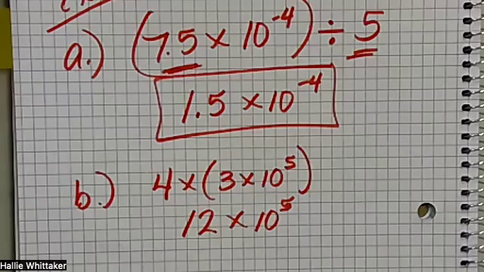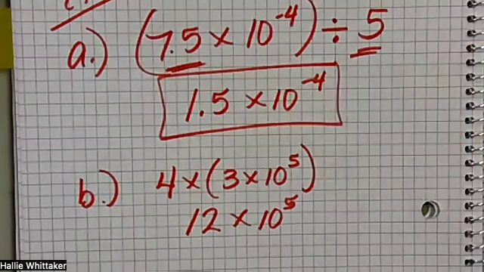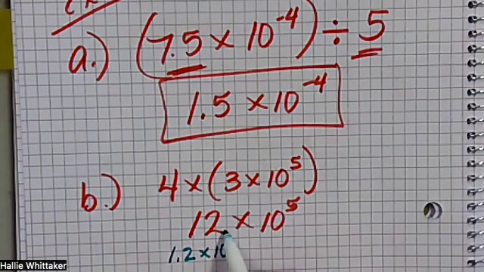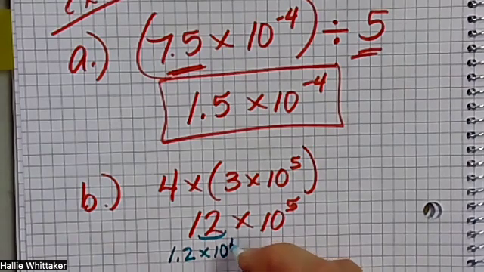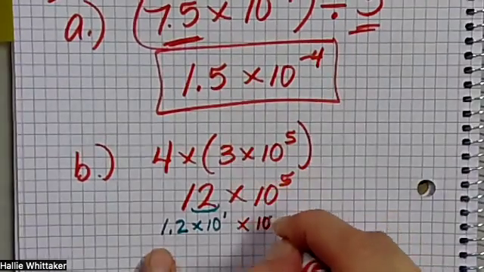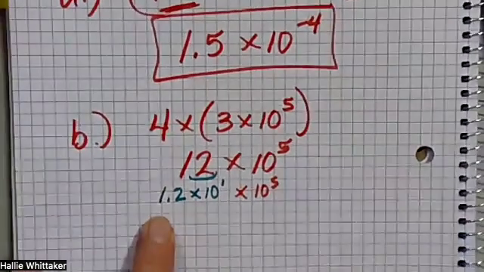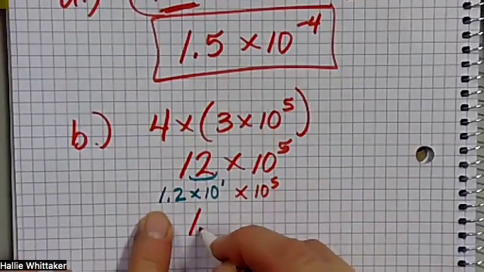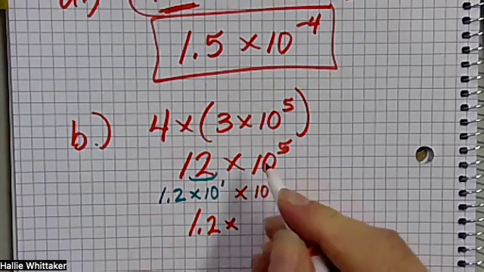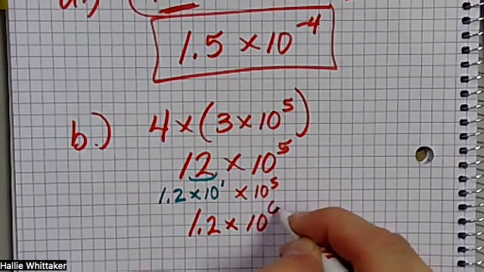Good job. So again, use one of those techniques that you did before. Go big or smaller. Or you can write 12 as 1.2 times 10 to the what? Decimals here, it moved over 1, so 10 to the 1. 1.2 times 10 to the 1 times 10 to the 5th. And your final answer is keep your 1.2 and 10 to the 1st times 10 to the 5th is 10 to the 6th. Good job.